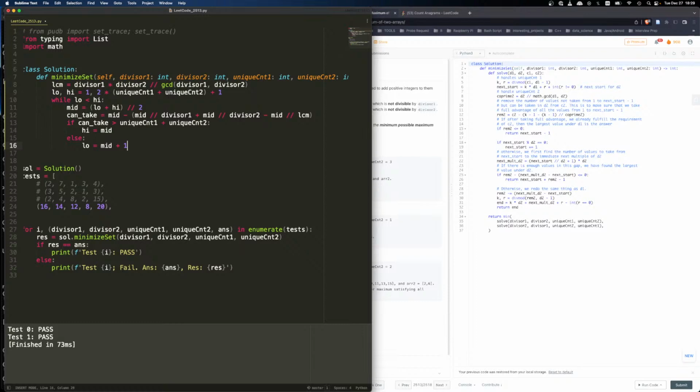If it's too large, we do this, and eventually coming out, it will be mid plus 1, which means can take is smaller or equal to this. And then we go up.